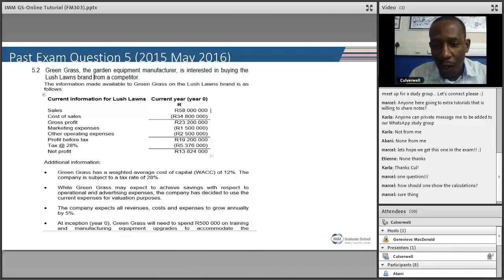It used to be somewhat complicated because this unit used to have 20 to 30 marks. This time around, it's only 15 marks. It's going to be as direct as possible. So I would want you to follow and move with me as I do this exercise. I'm going to read the question shortly. It's question 5.2 of the May 2017 paper. I think I made a mistake there. I wanted to say May 2017.